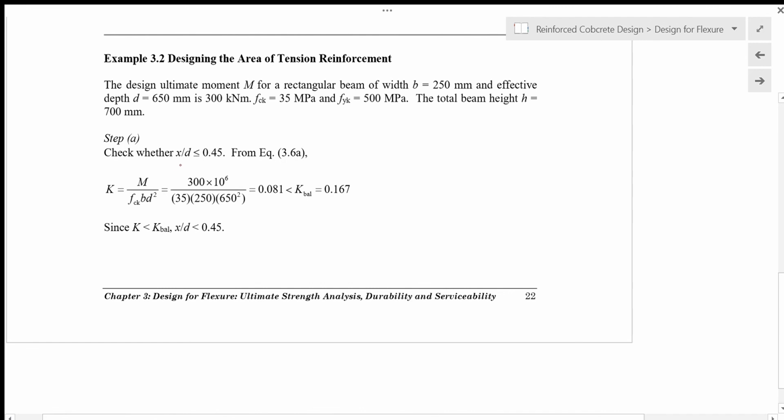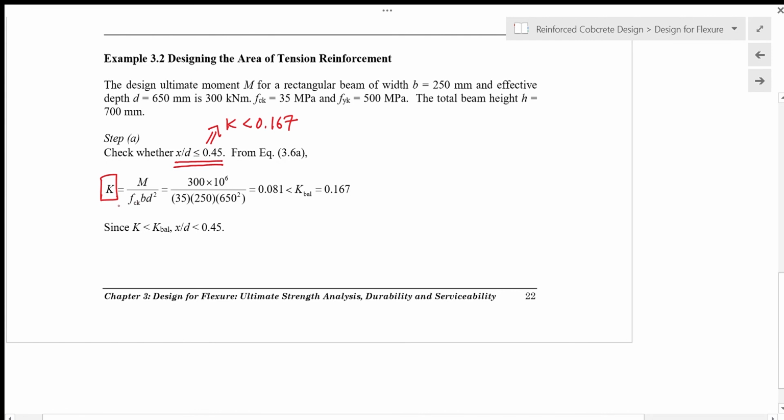So first we need to check whether x over d is greater than 0.45 or not. We don't directly check x over d, but we check the value of k. If k is less than 0.167, then x over d is less than 0.45.